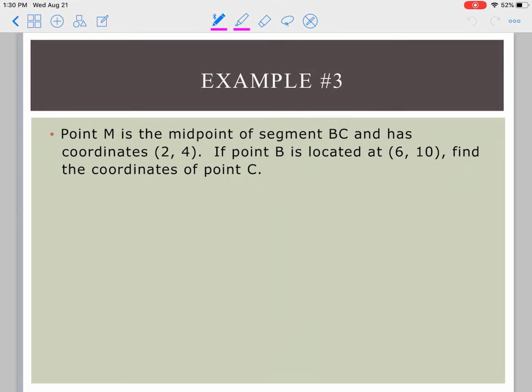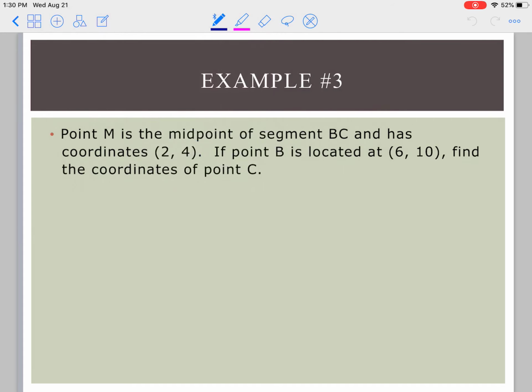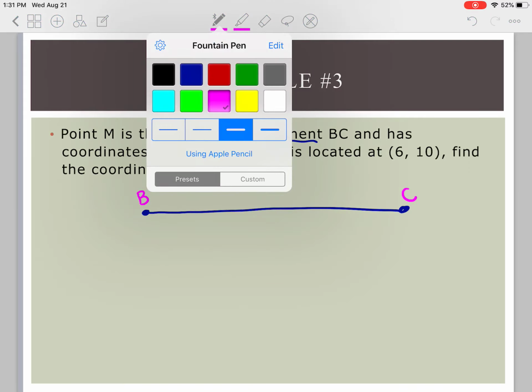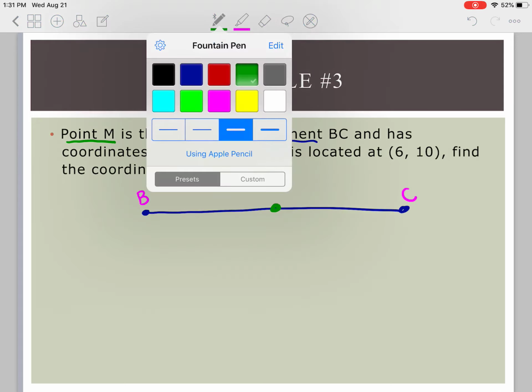Example number 3. Point M is the midpoint of segment BC. So we have to draw a diagram. I know I have a segment. We're told it's a segment. My segment name is BC. I'm given a point M, and it's the midpoint, so I have to plot it in the middle.